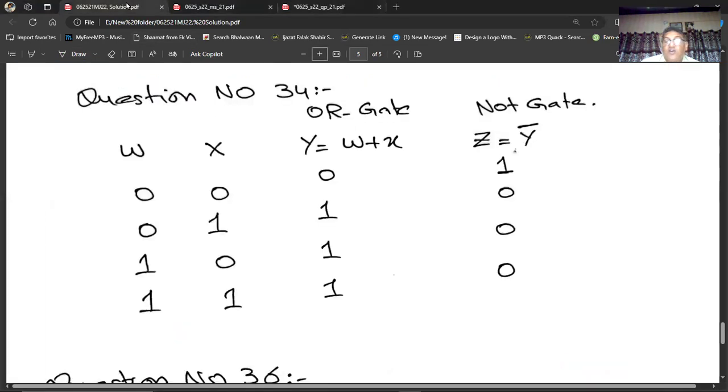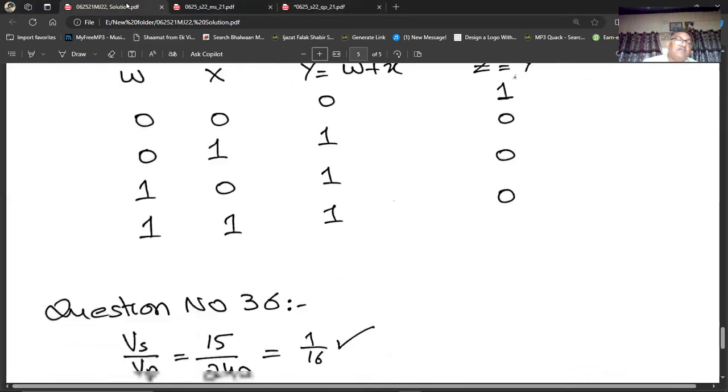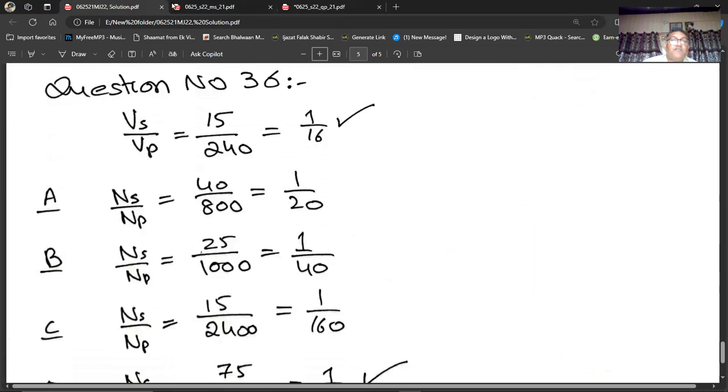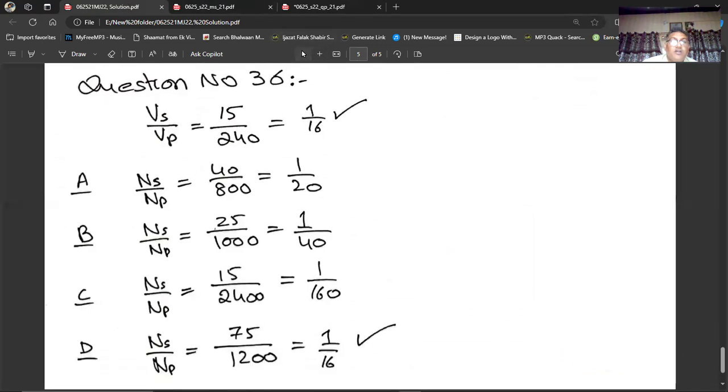So we will check in which option both ratios are the same. So the Vs by Vp will be 15 divided by 240, and that is 1 by 16. In the A option, the number of turns in the secondary divided by the number of turns in the primary is 40 divided by 800, and that is 1 by 20. So they do not match. This ratio does not match with this ratio.